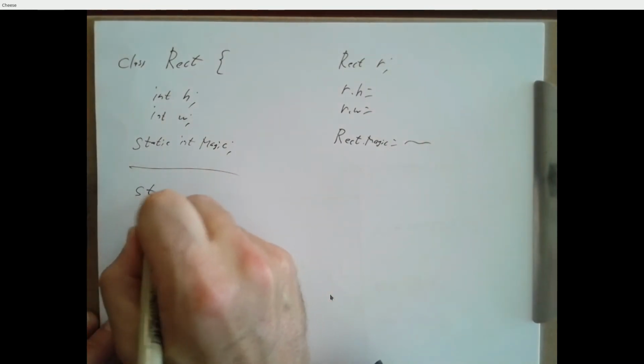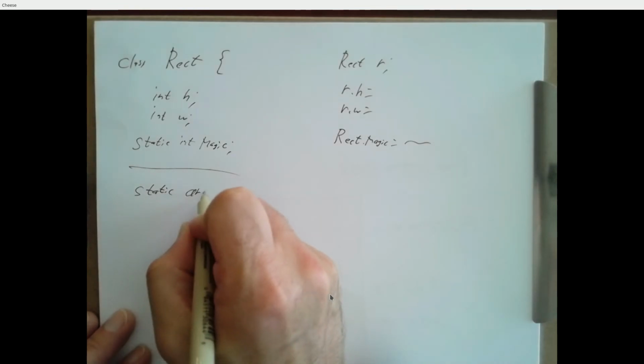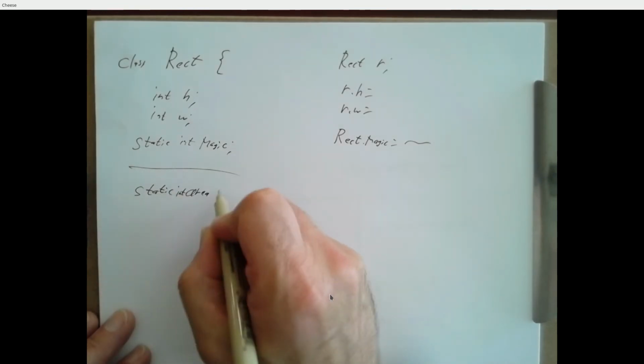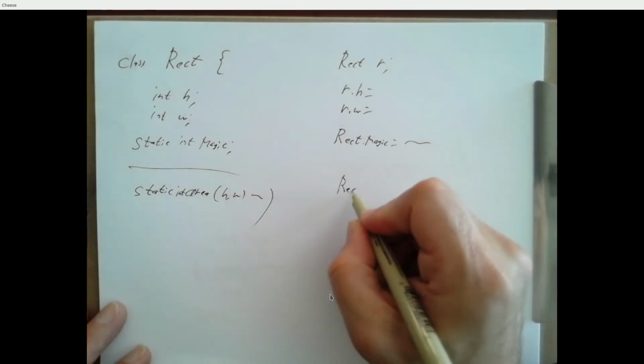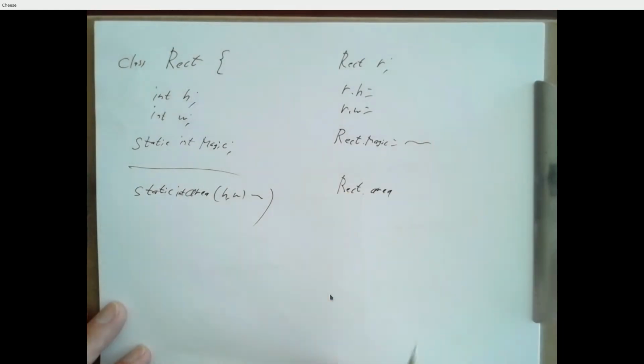So if you say static integer area, whatever, we can say Rect.area, and it's referring to that piece of code. And we don't actually need an instance of a rectangle to be able to run that code.